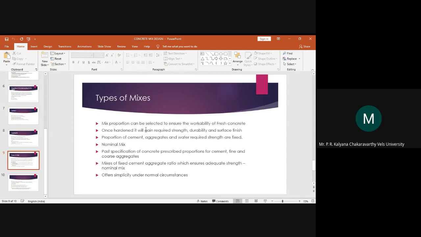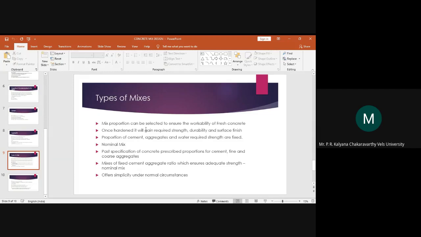After hardening, if you test it, it is not sure that it will attain M20 grade strength. M20 concrete strength after 28 days is 95 percent, as already told, which means around 18 to 19 Newton per mm square. Definitely it won't achieve that, maybe only 90%.